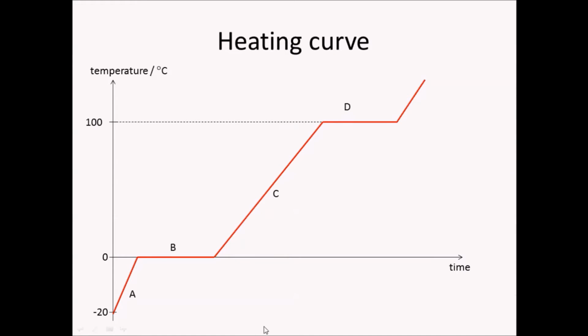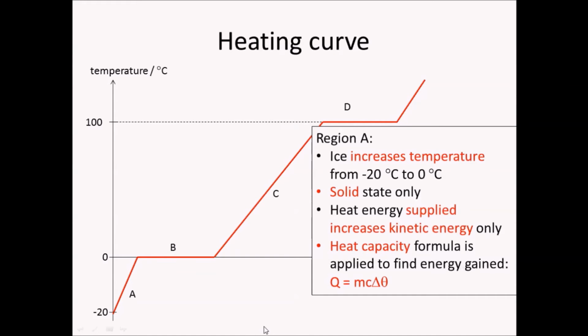First of all, region A. Region A is where ice increases in temperature from minus 20 to 0 degrees. In this region, there is only solid state. There is no liquid. Heat is supplied to increase only the kinetic energy.